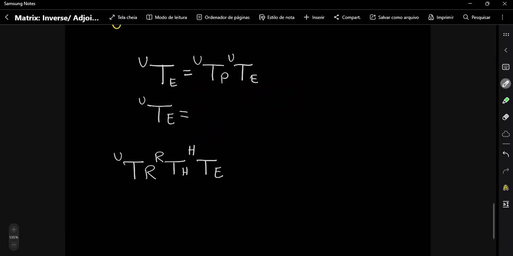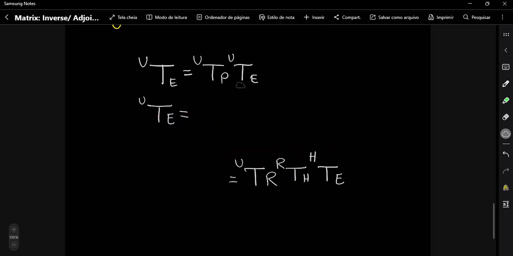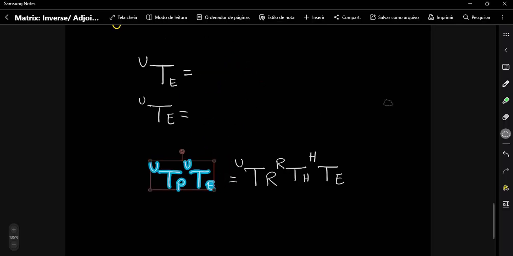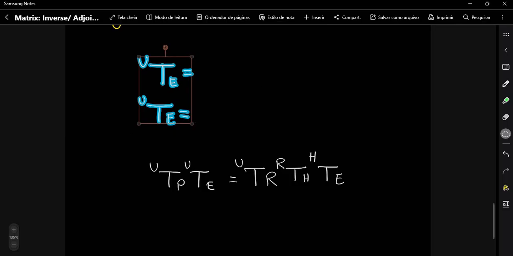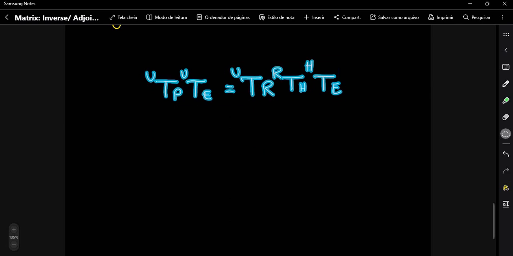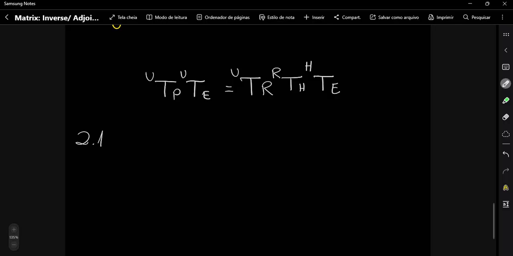And now that we have warmed up, let's solve example 2.15. Okay, so let me write example 2.15.